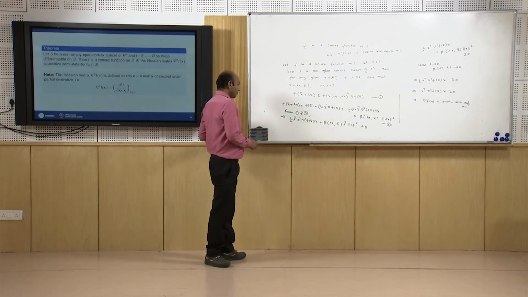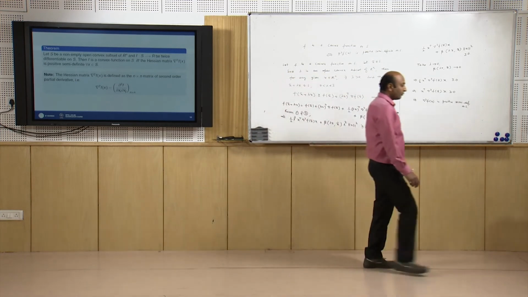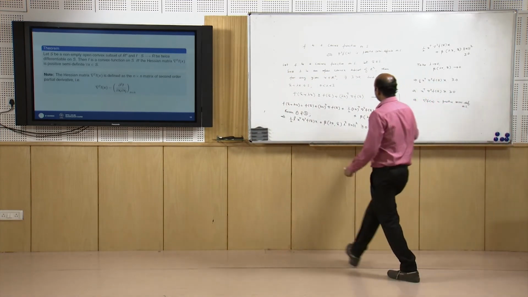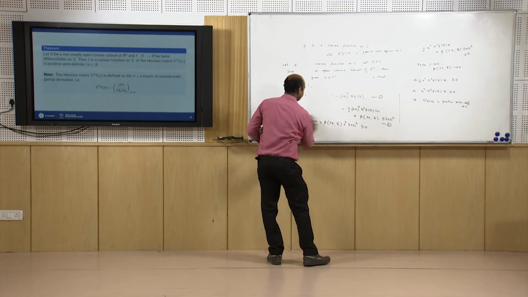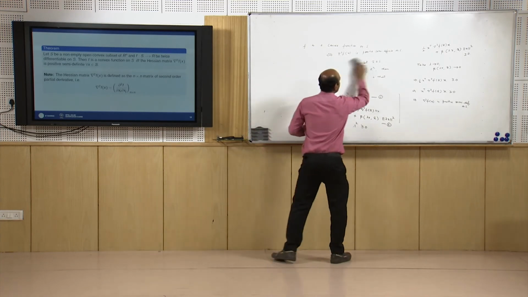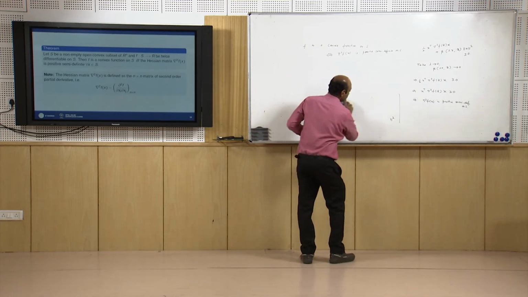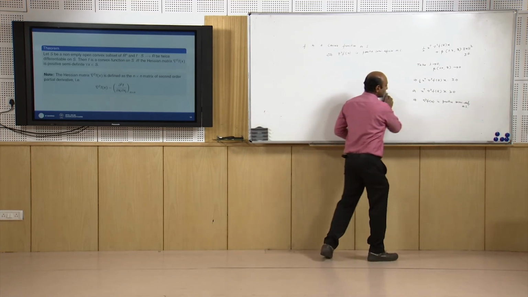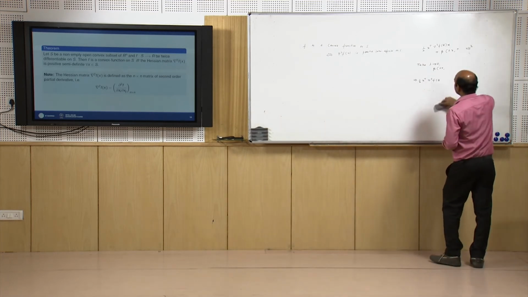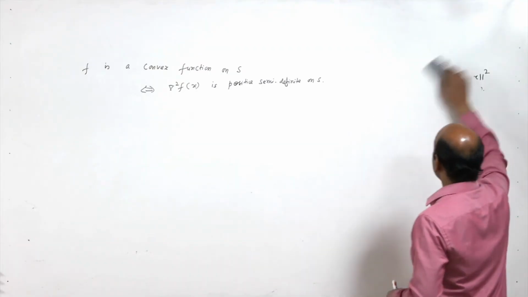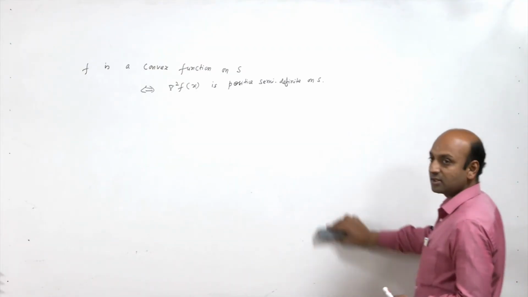Now, we will try to prove the converse part of this theorem. Converse part means assume that the Hessian matrix is positive semi definite on S, and we will try to obtain that the function is a convex function.